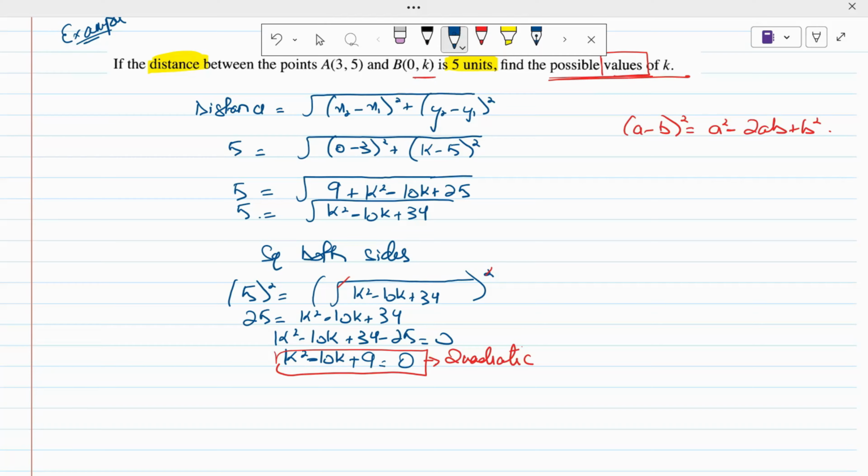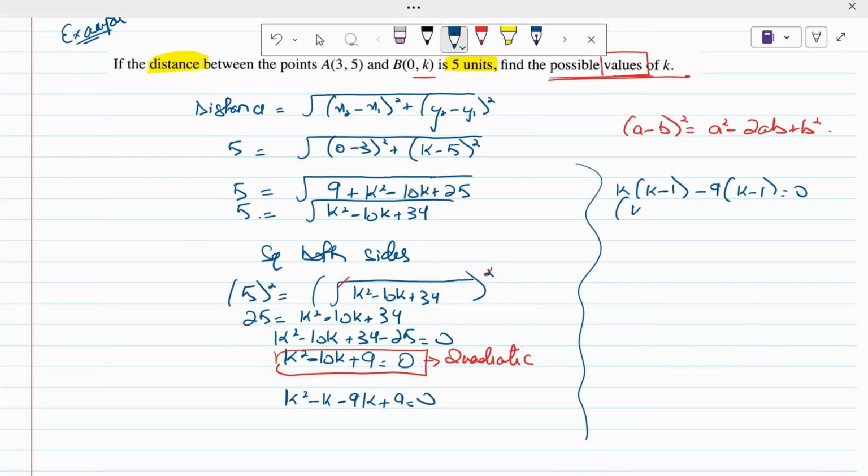So breaking the middle term, you will get k square minus k minus 9k plus 9 equals 0. And then k taken common, k minus 1, minus 9 taken common, k minus 1 equals 0. So (k minus 9)(k minus 1) equals 0.